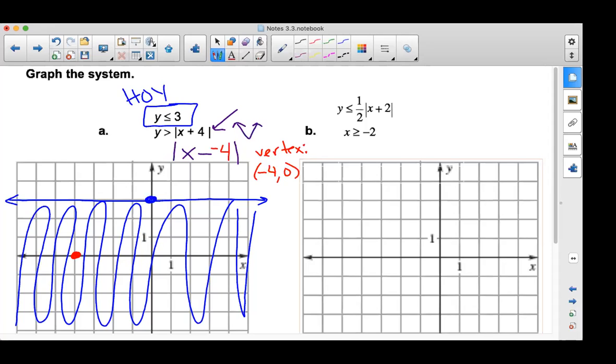This graph is supposed to be a V. The number in front is the slope. Really, there's a 1 there. So remember, that slope tells me on the right side, I'm going up 1 over 1. On the left side, I'm also going up 1, but I have to go backwards 1 because one side is positive, the other side is a negative slope.